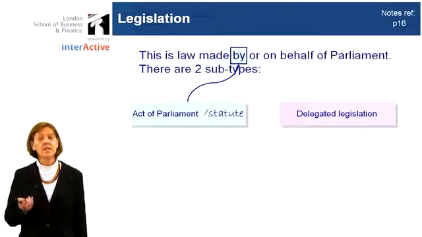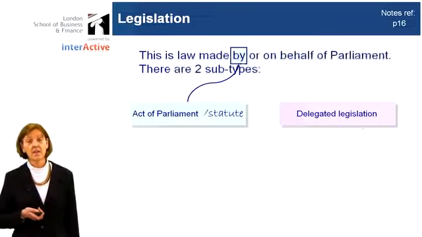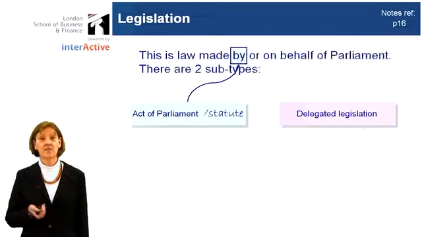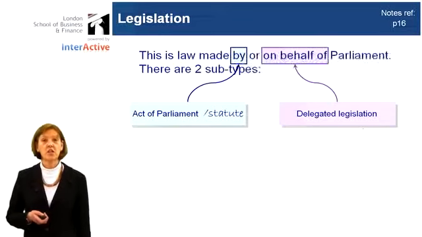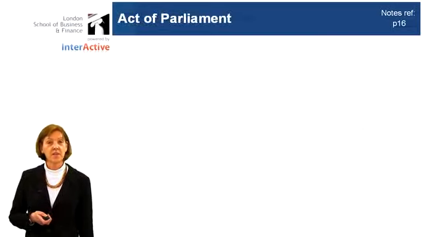But these days, Parliament doesn't have the time, nor indeed the expertise, to make all the law needed by a modern society. So it's forced to delegate the job of making law to others. Hence, delegated legislation, which is made on behalf of Parliament. Looking then at each in turn, the Act of Parliament, which, as we said, is made by Parliament itself.